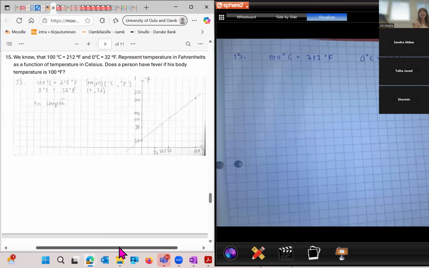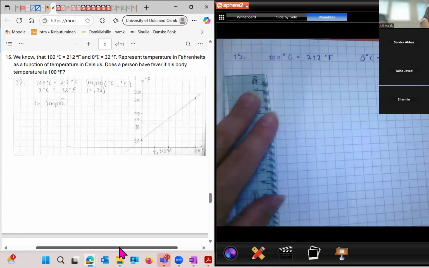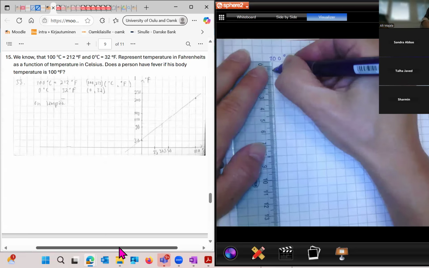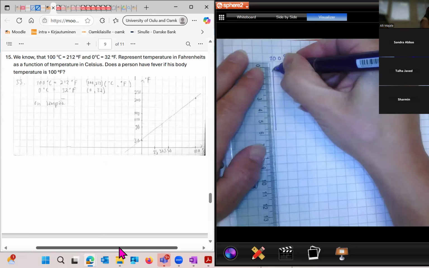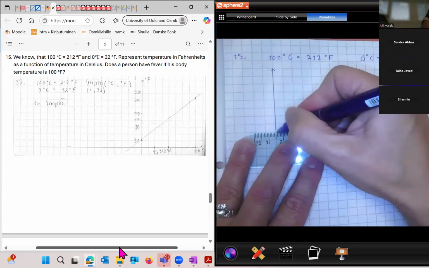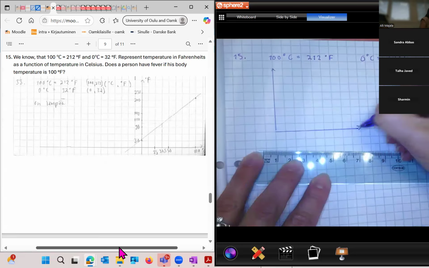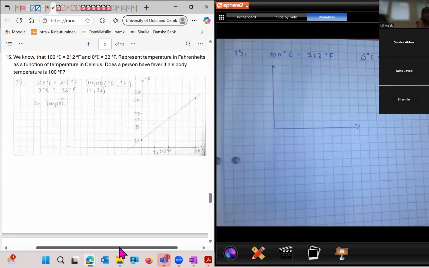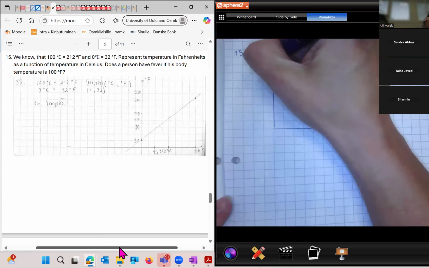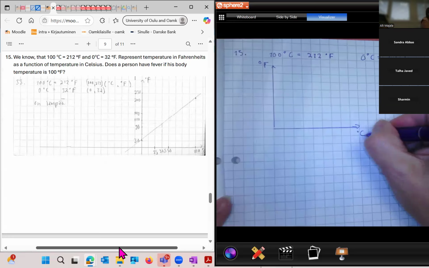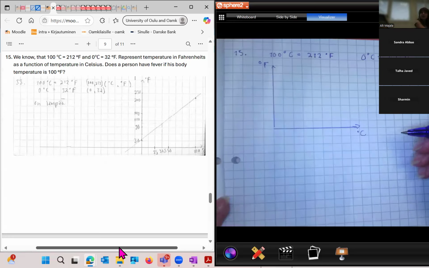Okay, and then somebody nicely has drawn here a picture, like we did the last time. So I know something now if I put there, for example, the Fahrenheits here, and then I put the Celsius here, like on that picture there. So Fahrenheit and Celsius, and then I start marking these things.